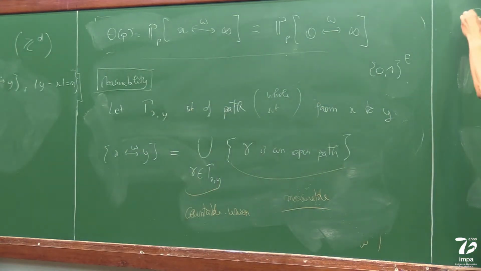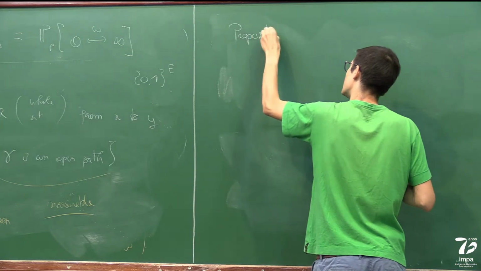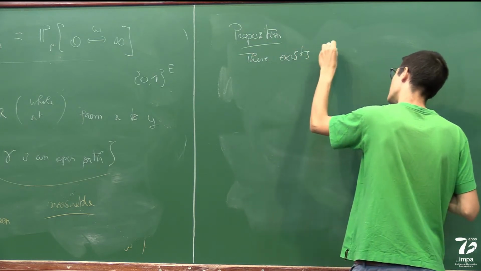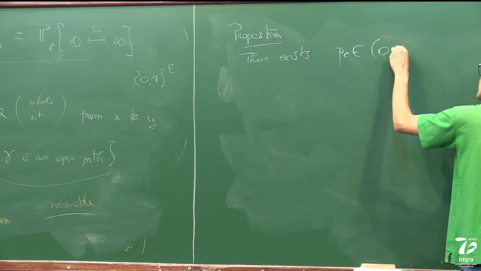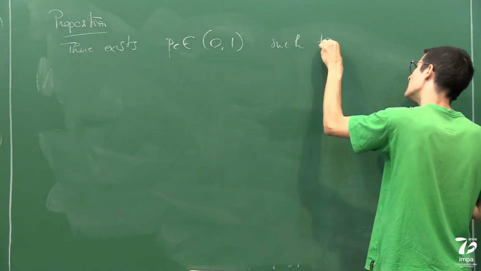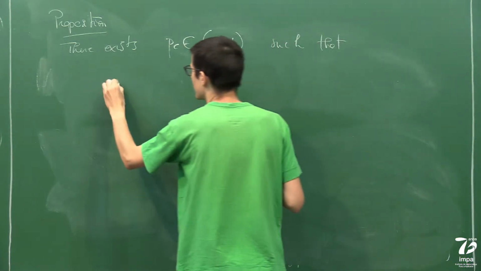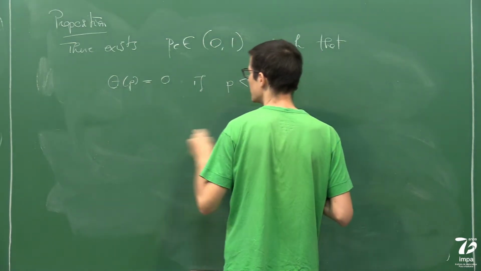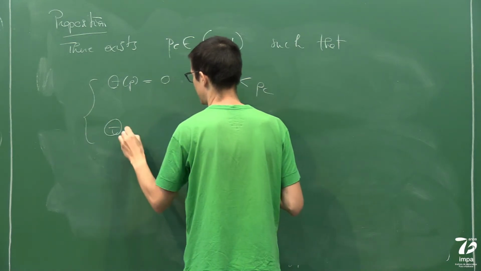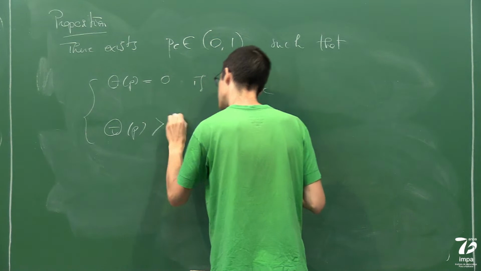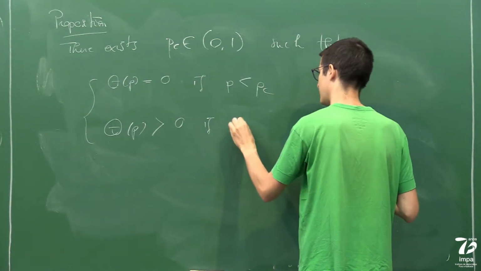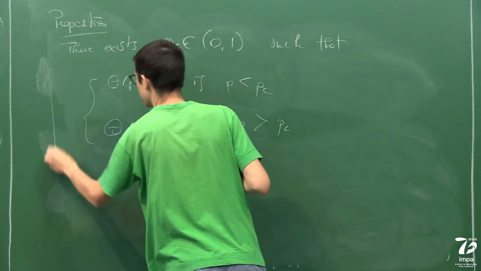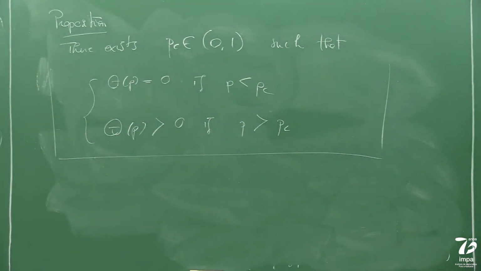And this is the main result of today. So there exists p_c in [0,1] such that theta_p is equal to 0 if p is smaller than p_c, and theta_p is positive if p is larger than p_c.